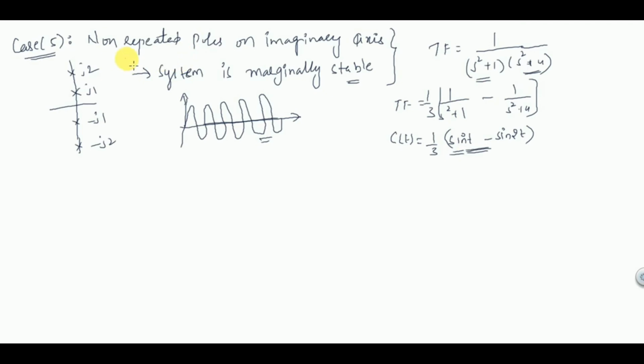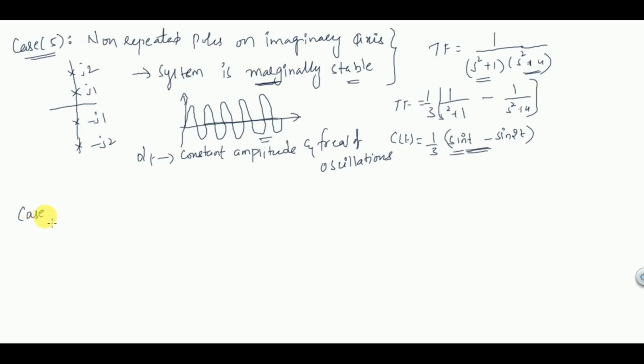So if there are non-repeated poles on the imaginary axis, the output has constant amplitude and frequency of oscillations, and the system is said to be marginally stable.